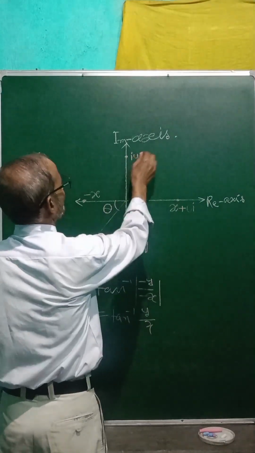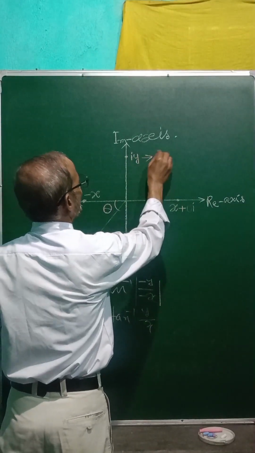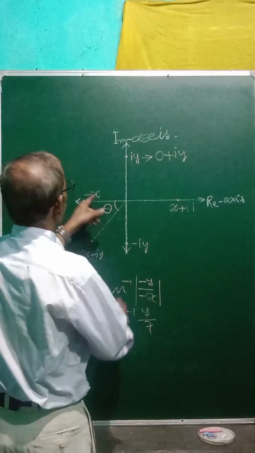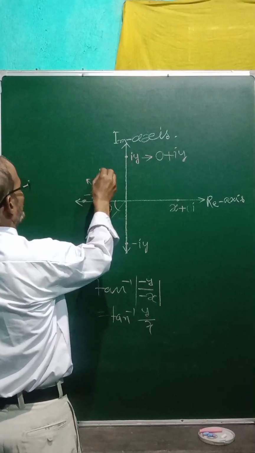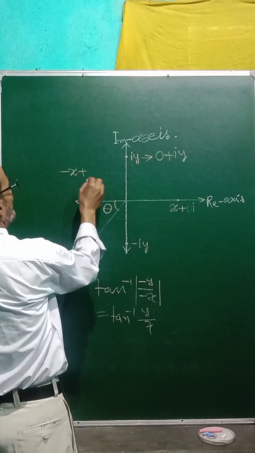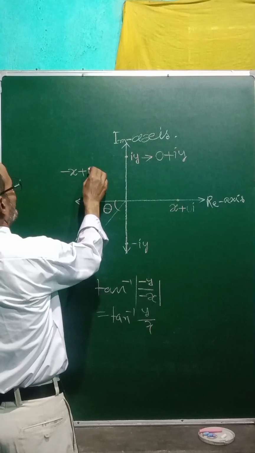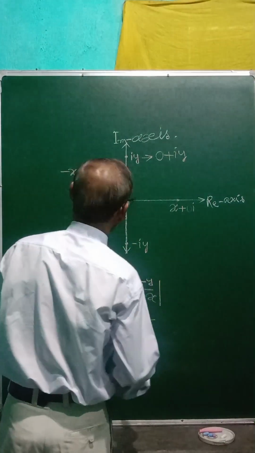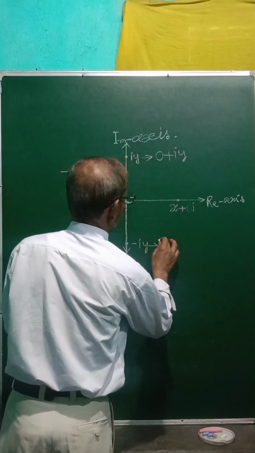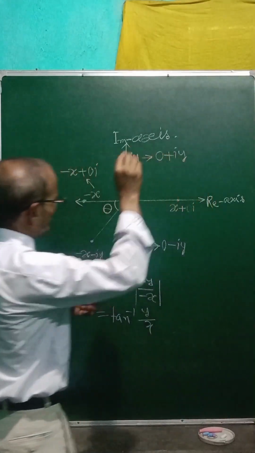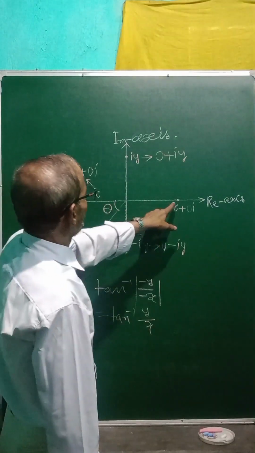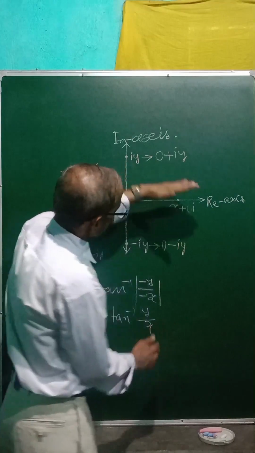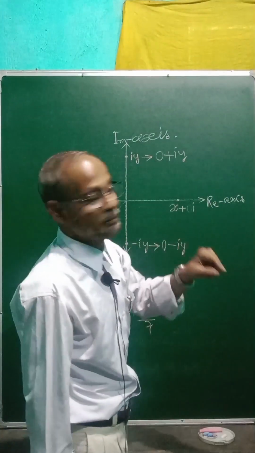And here also this can be written as 0 + iy, and this can be written as −x + 0i, and this can also be written as 0 − iy. So we see that this is lying on the positive x-axis, and obviously when the line is matching here, it is 0.